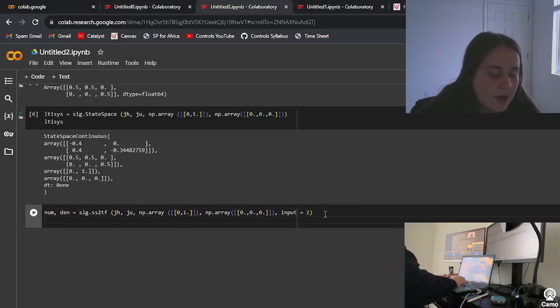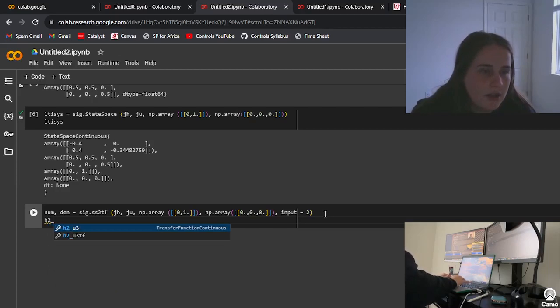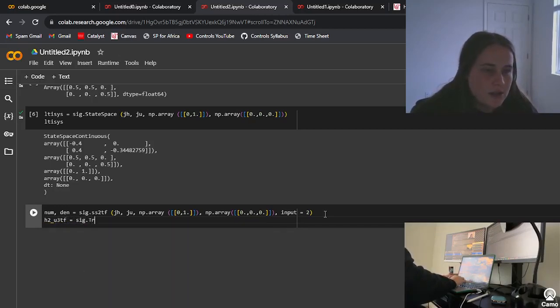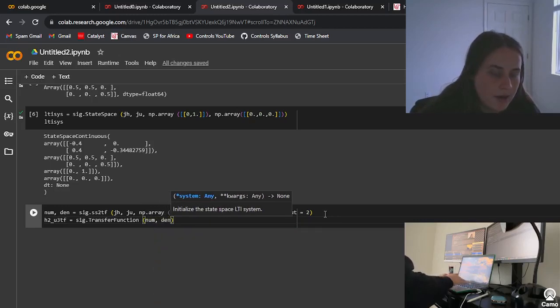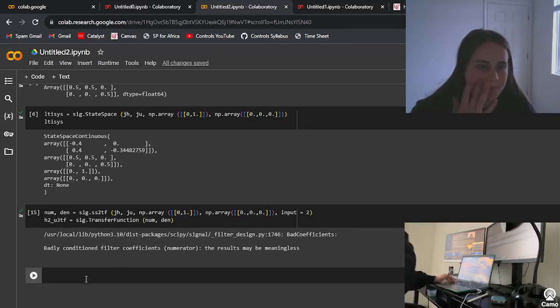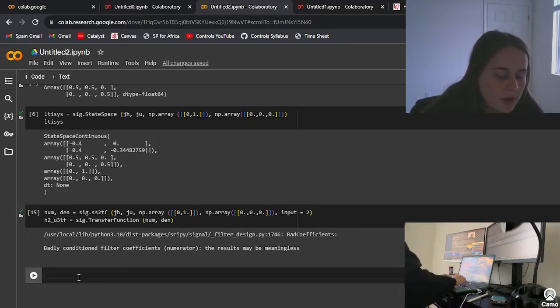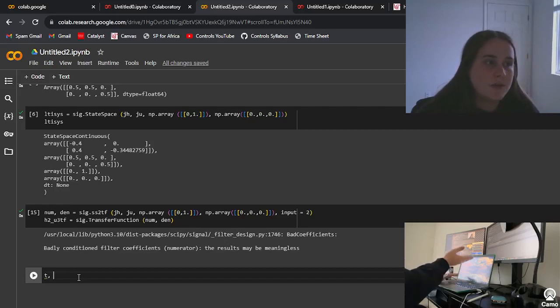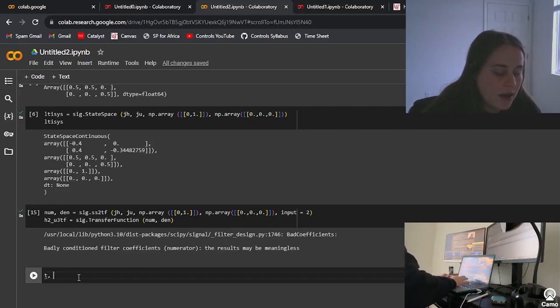And then I'm going to name our transfer function h2u3_tf, equal to sig.TransferFunction of numerator, denominator. And then down here we will turn this into a step function, so we need the variable t. So this is in terms of time and our height deviation variable.